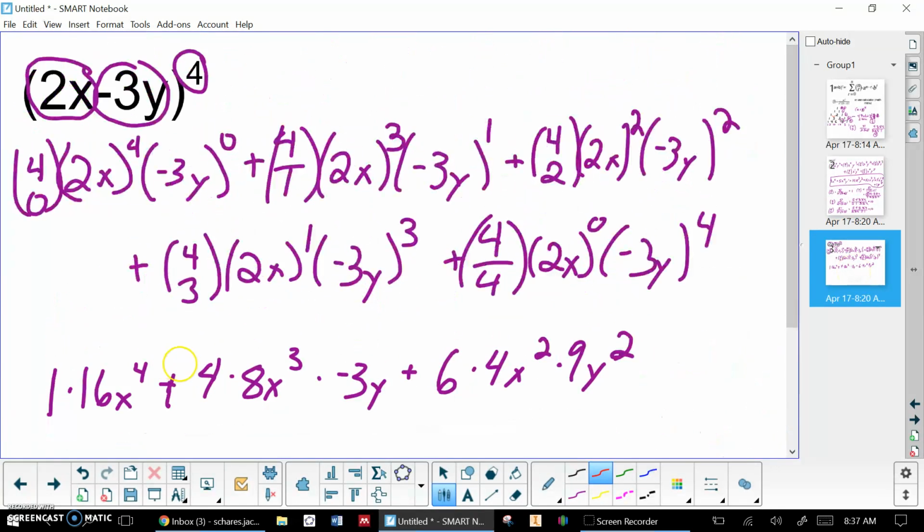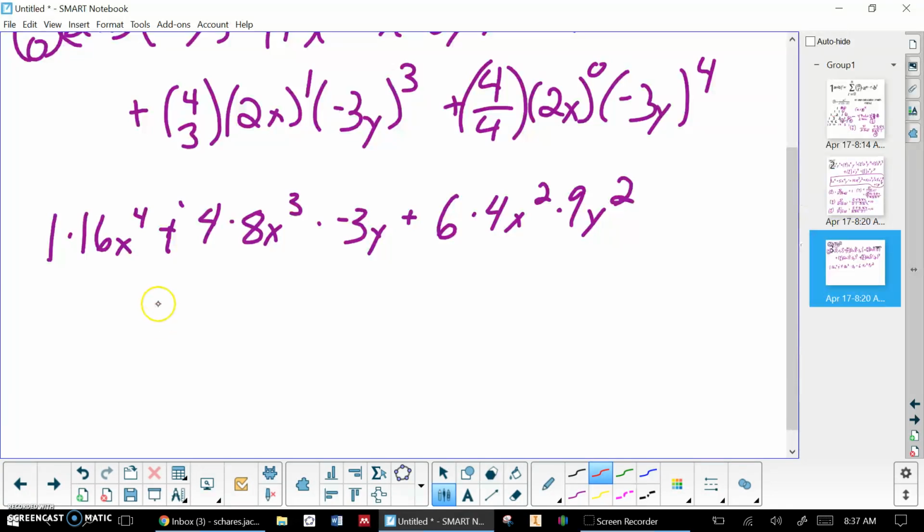So 4 again. 4 times 2x to the first, which is just 2x, times negative 3y to the third, which is a negative 27y to the third. And then we've got 4 choose 4, which is again just 1. So 1, 2x to the 0 is 1, and then negative 3y to the fourth. 3 times 3 times 3 times 3 is 81y to the fourth.